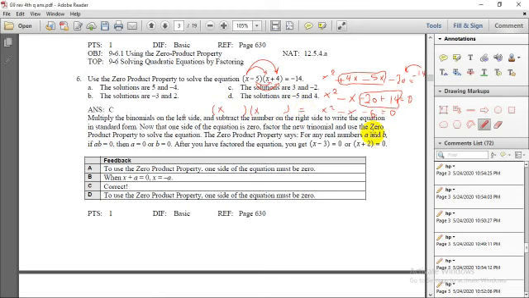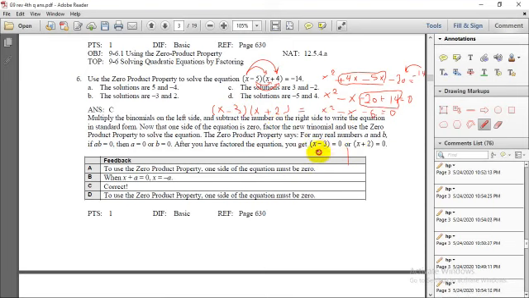What are the factors of 6? 3 and 2. Very good. The last term is negative, so the middle term is greater. So what is the greater here? 3 or 2? 3 is the greater. So -3 and +2. So I'm going to split my paper. x minus 3 equals 0 and x plus 2 equals 0.